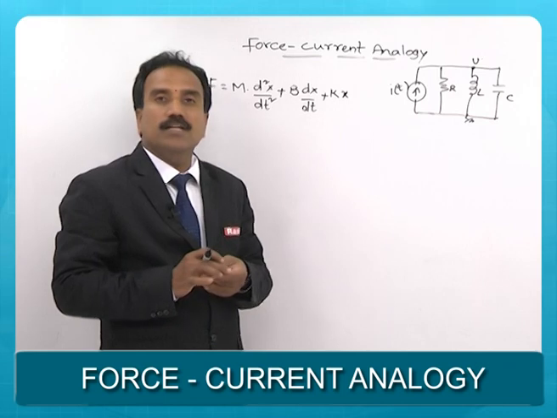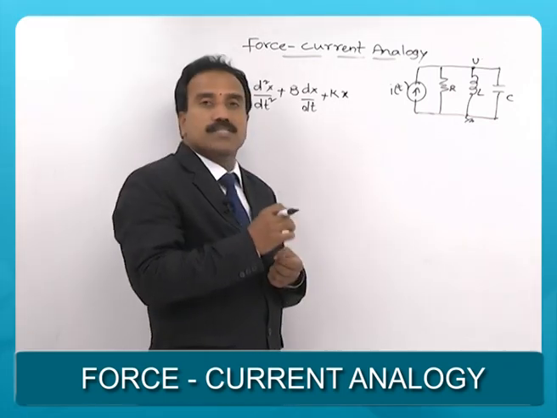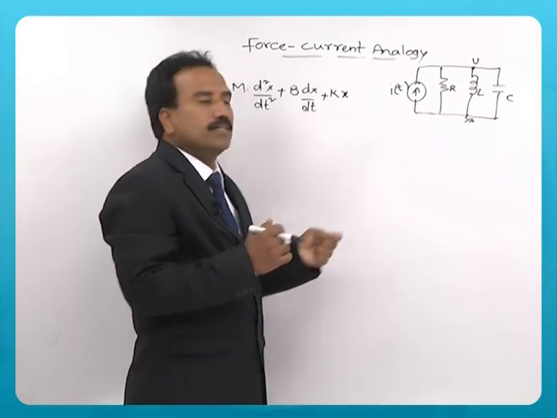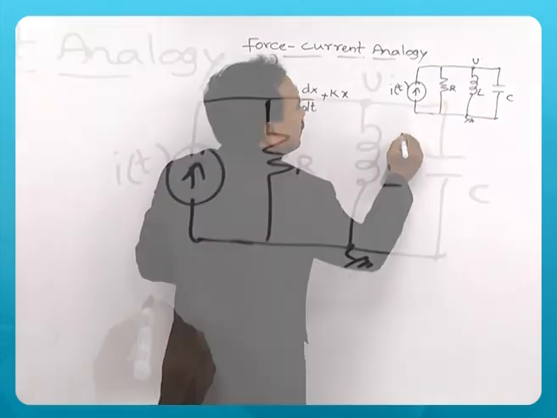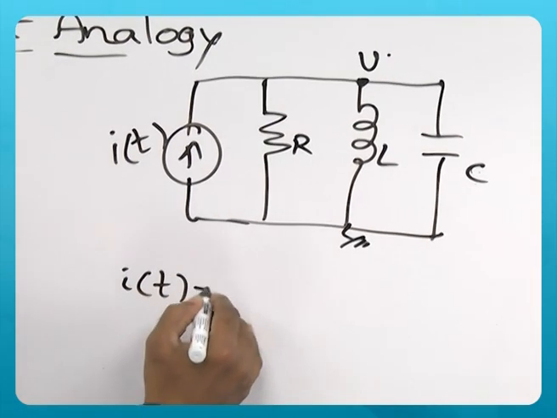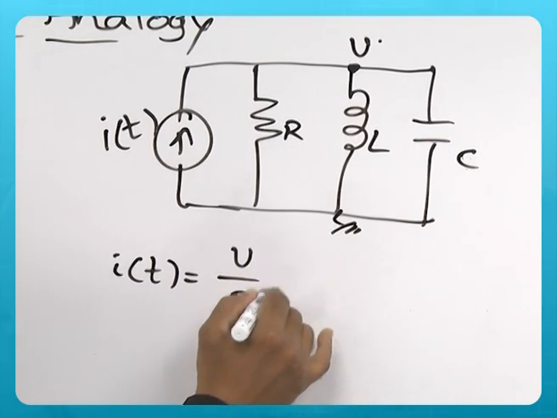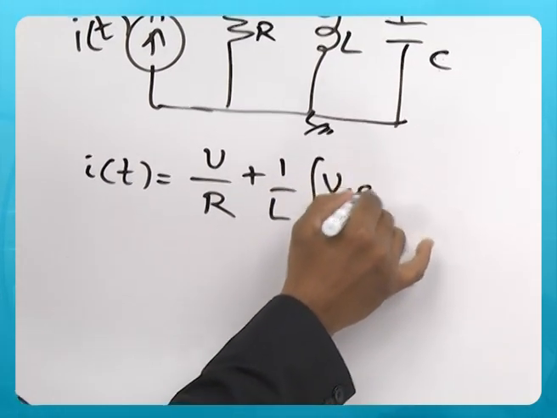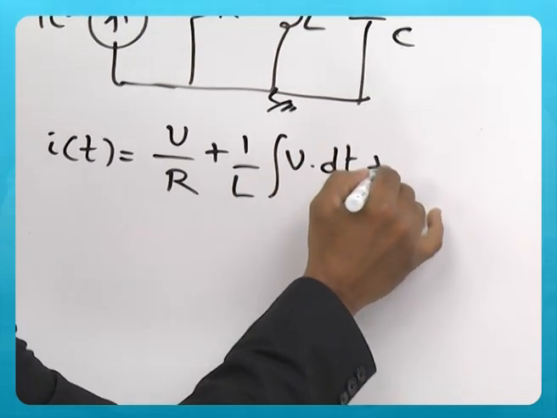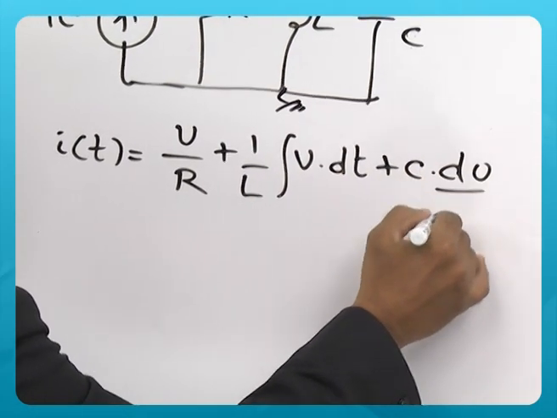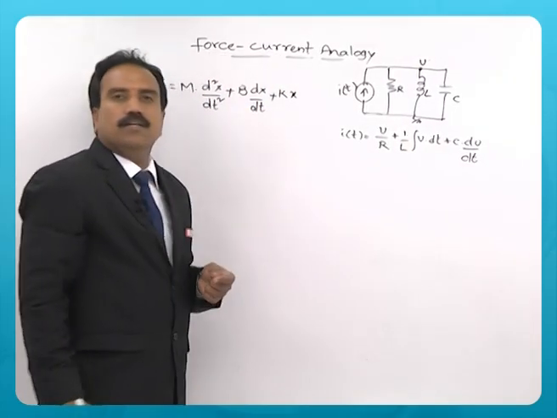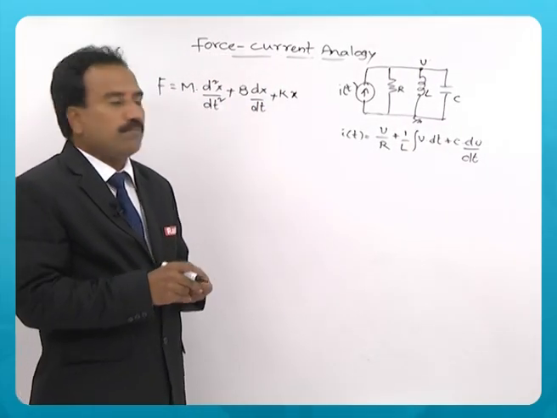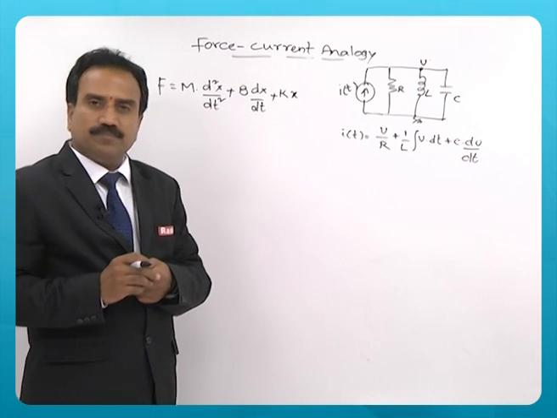Now, I consider parallel circuit and I apply KCL to write this equation. So, I of t is equal to V by R plus 1 by L integral V dt plus C dV by dt. Current in individual components, sum is the total current.